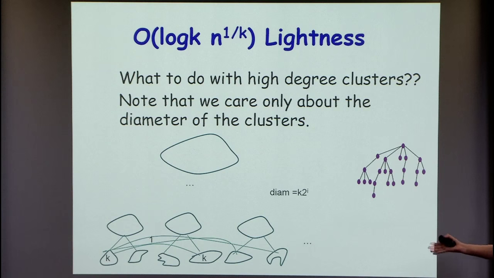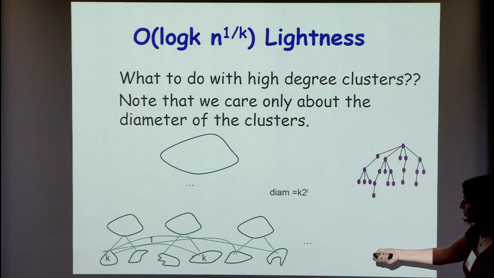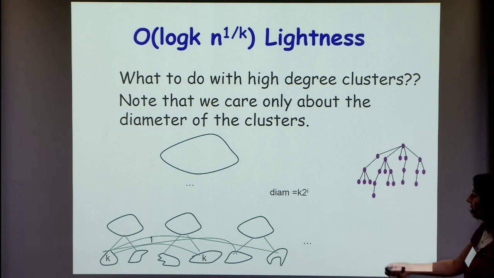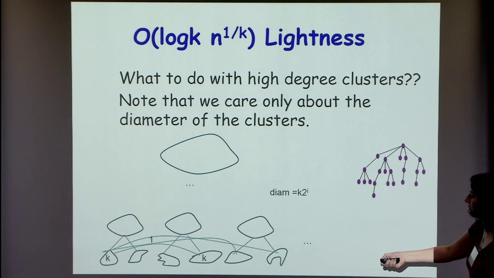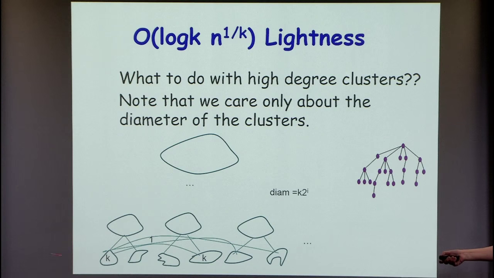So now I will use the clusters that disappeared to do something else. So what else can I do? I know that all the low degree clusters here are already covered. And for the high degree, I know that at least half of them will disappear in the next level.